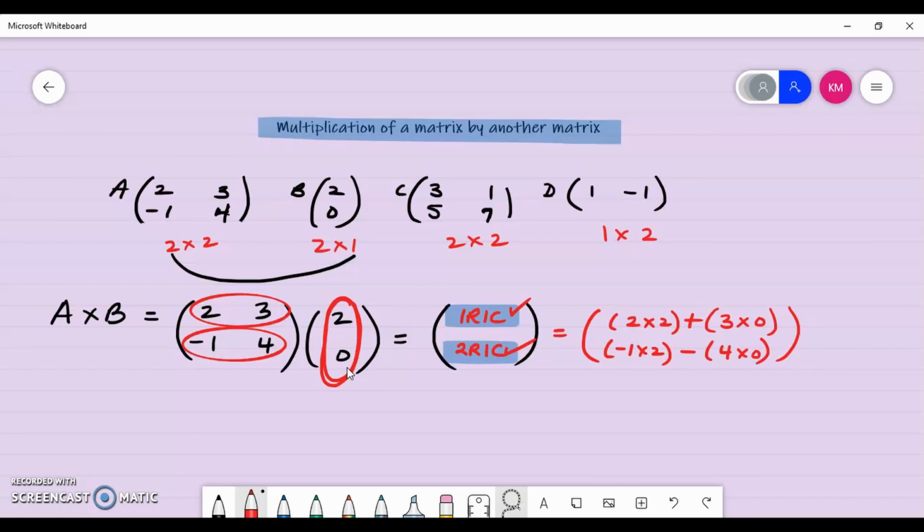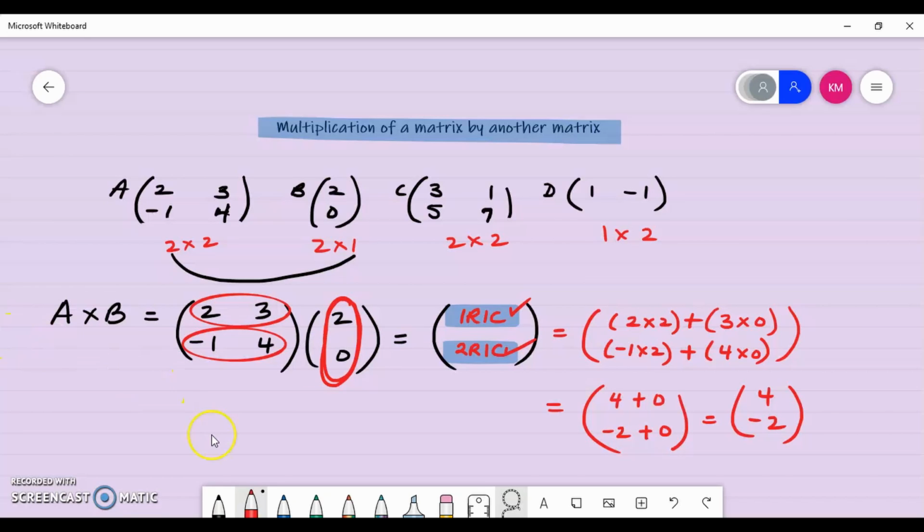And remember, we are combining it using addition. So we will get 2 by 2 is 4 plus 3 by 0 is 0. -1 by 2 is -2 plus 4 by 0 is 0. And we will get 4, -2.